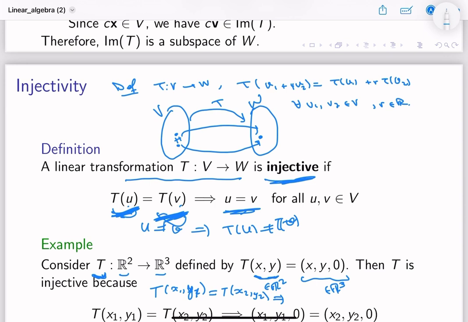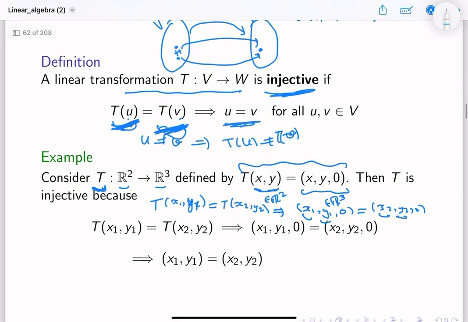How do we show this? Well, we use the definition of T. This is the same as (x1, y1, 0) equals (x2, y2, 0) by definition. Since tuples agree component-wise, this forces x1 to be equal to x2 and y1 to be equal to y2, and thus (x1, y1) equals (x2, y2). This is the proof of injectivity: look at the definition and look at what we proved, and this shows that T is injective.